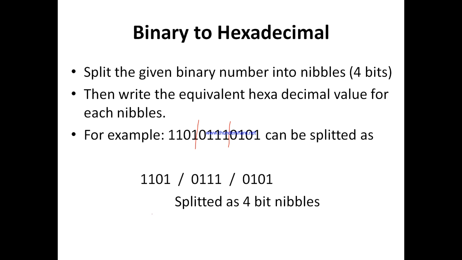Split it as 4-bit nibbles. So 0101 is 5 and this one is 7. Then 1101 is 13, and 13 is equivalent to D. So the equivalent of this number is D75. This is binary to hexadecimal conversion.